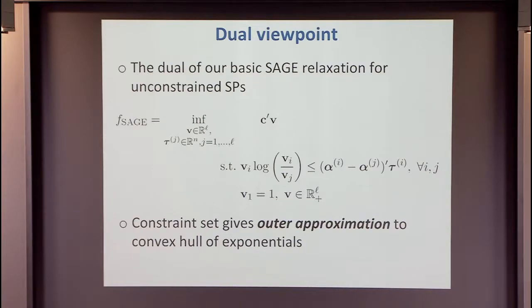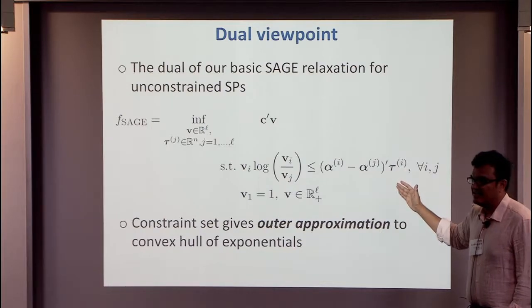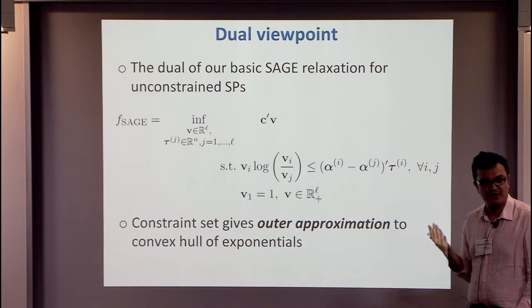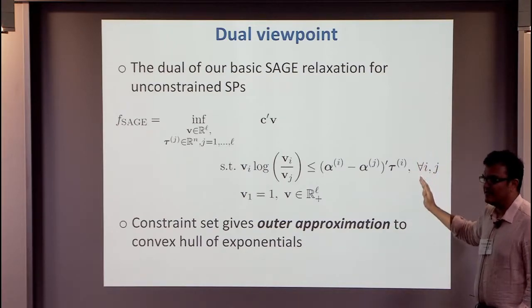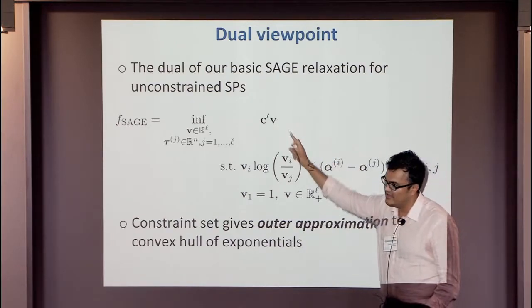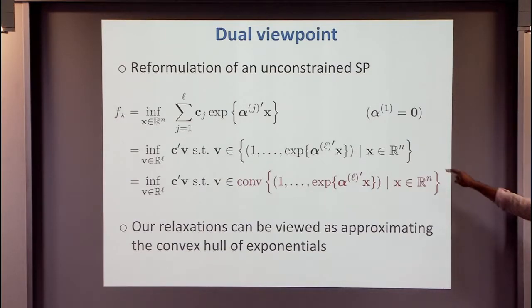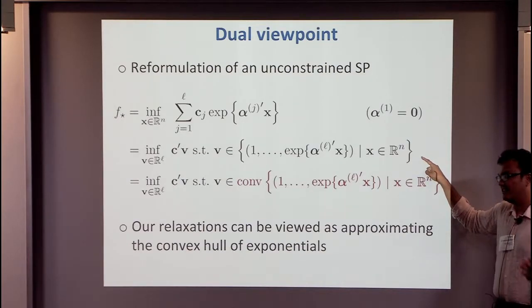So based on this, it's now easy to see how you can potentially verify if the solution that you found using this method is actually the optimal solution of the original problem, or is a global minimizer of the original problem, right? You solve this, you get a V, and if that V lies in this set, you're done.